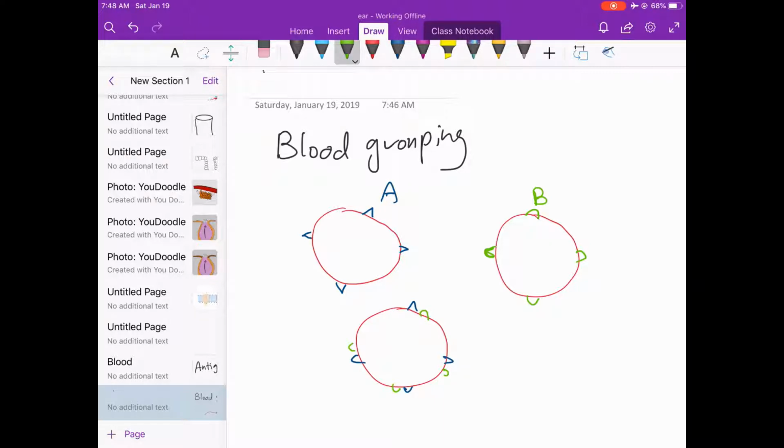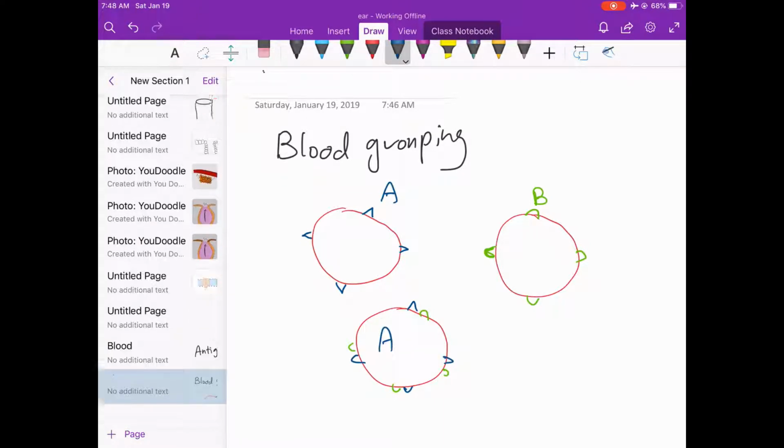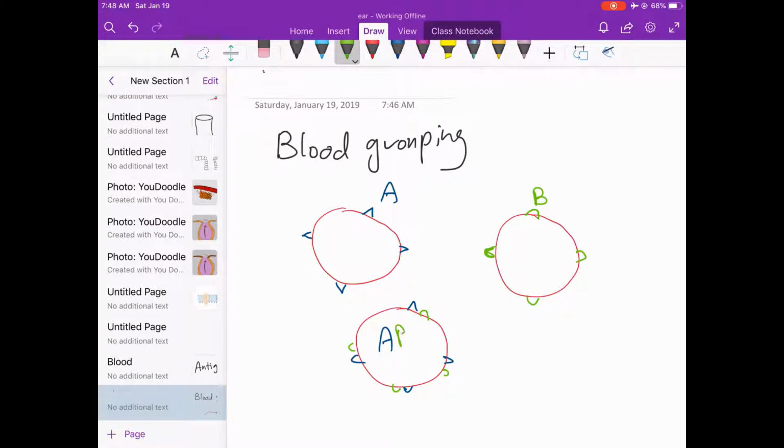And in this case, it will be A, B. Sometimes it doesn't display anything, and that is the blood group O. Okay, so this is the blood grouping.